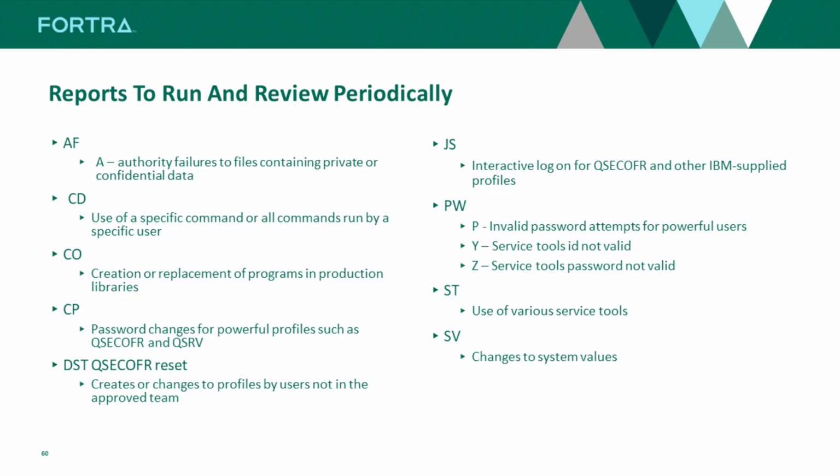And then these are the reports I'm going to recommend that you run at least periodically, right? So looking at your authority failures, the command entries, creates, changes to profiles, the QSECOFR resets, job entries for those elevated profiles, if not all, invalid sign-on attempts, use of service tools, and then any changes to system values.